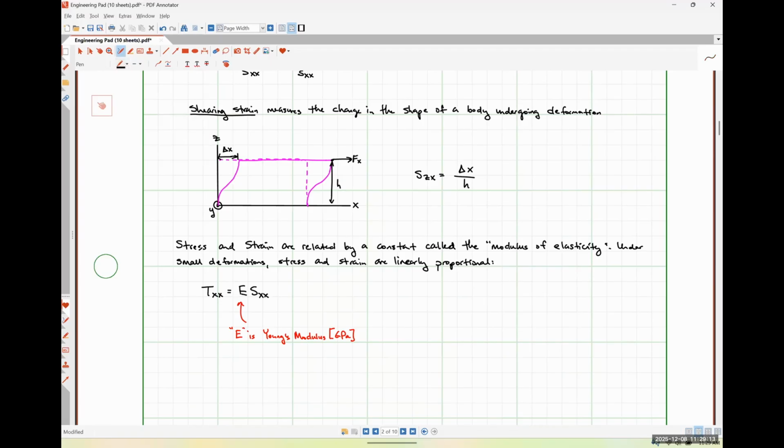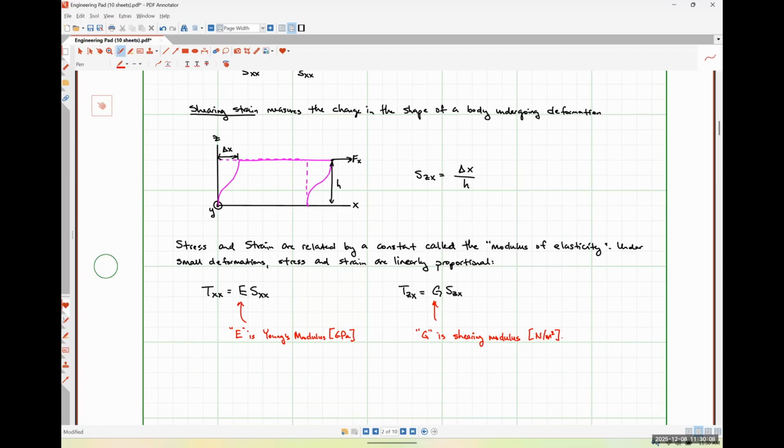And then we can also have a relationship that T_zx, our shearing stress, is going to be equal to G times S_zx, our shearing strain, where this G is going to be the shearing modulus, typically expressed in newtons per meter squared, which quantifies the ductility of the material.